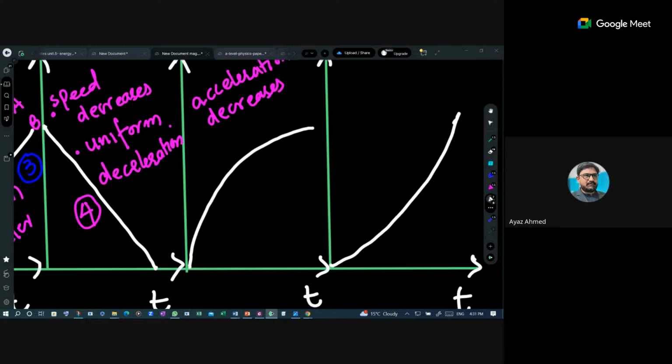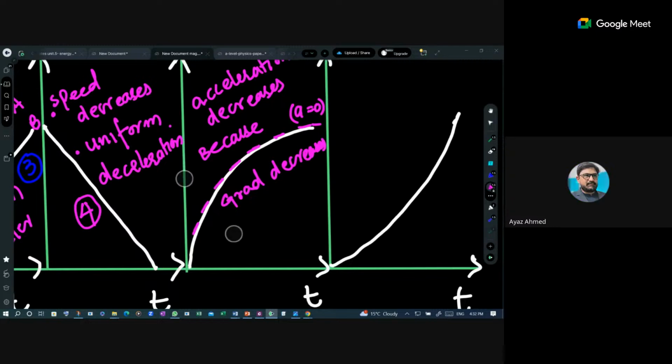Its acceleration decreases because its gradient decreases. Do you check that its steepness decreases all the time? Its gradient decreases. Am I right? So when the gradient decreases, finally at this point acceleration is equal to zero.